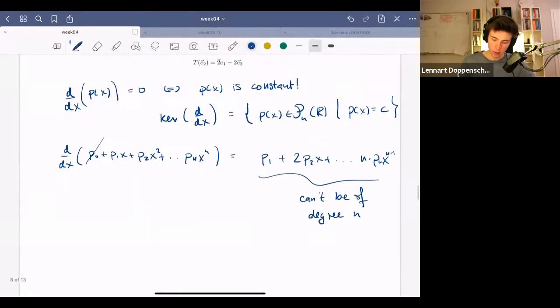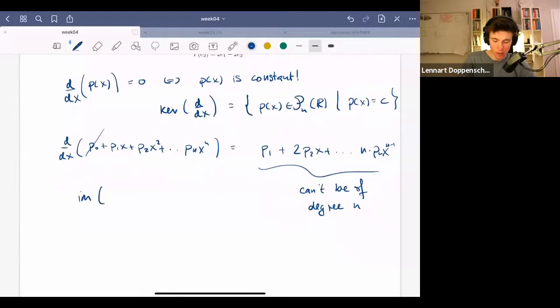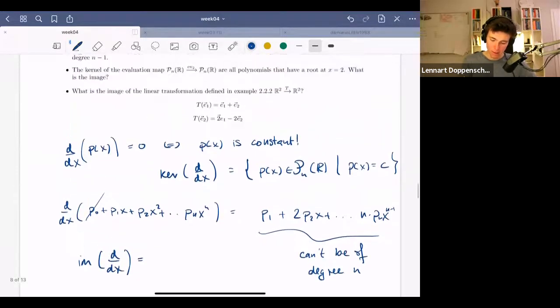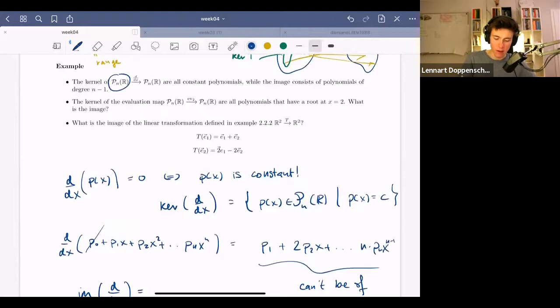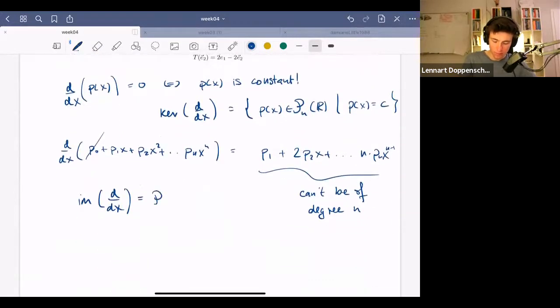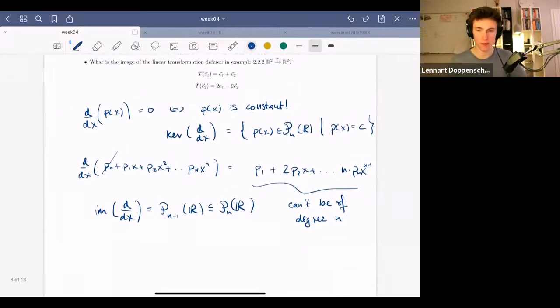Meaning that, long story short, the image of d/dx is P_{n-1}(R) inside P_n(R), since we started in P_n(R). The image will be the polynomials of degree n minus 1.